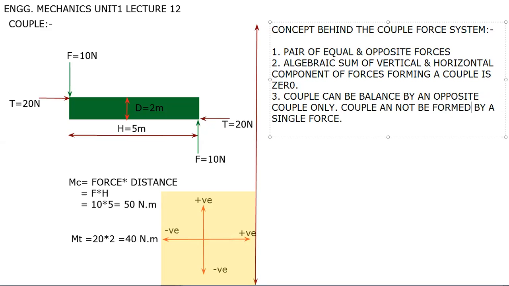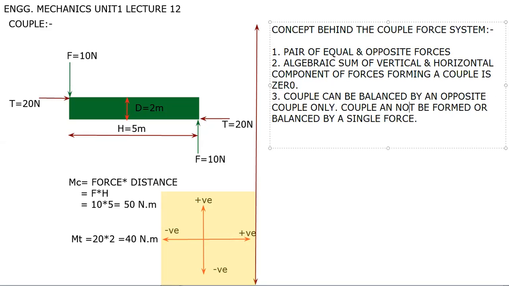Cannot be formed or balanced, both have the same meaning. So a couple can be balanced by an opposite couple only.